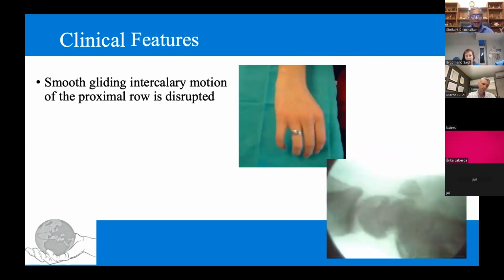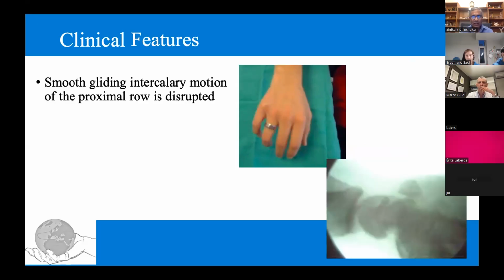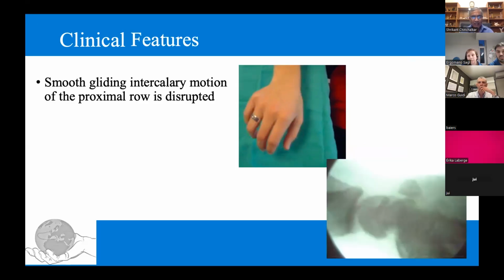If we ask the patient to perform motion going from radial to ulnar deviation and vice versa, we see that the smooth gliding intercarpal motion of the proximal carpal row is disrupted. In other words, the synchronous motion between the distal and proximal carpal rows doesn't happen as it should because of the ulnar sag.